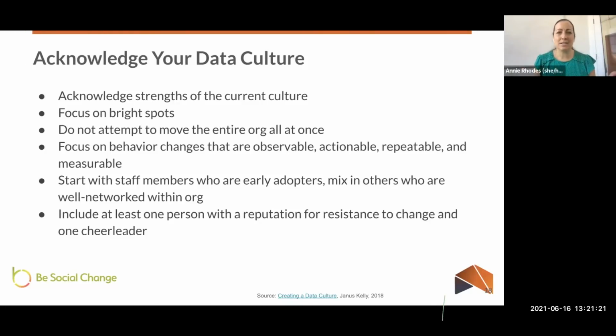Where do we rally around data? We serve this many kids, or this many students got into college, or our fundraising dollars increased by X amount. What are those moments in time at your organization where you celebrate data? Recognize those, and recognize that you can use those to pivot on and create something bigger.